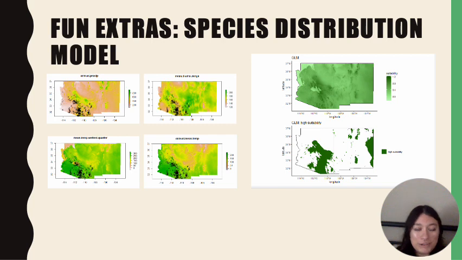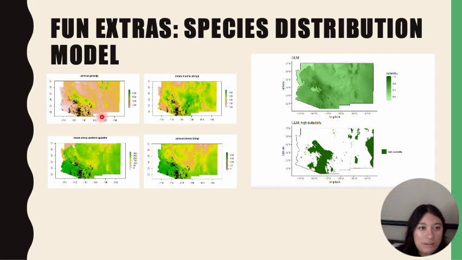So to be a little bit extra, I chose to do a species distribution model. For my climatic variables, I chose annual precipitation, mean diurnal range, which is the highest temperature minus the lowest temperature of the month, mean temperature of the wettest quarter, and annual mean temperature. I chose these four variables to quantify the arid and semi-arid environments that the Sonoran coral snake prefers.